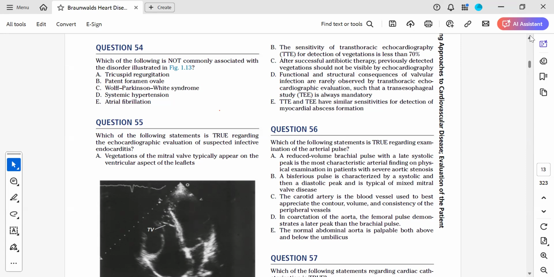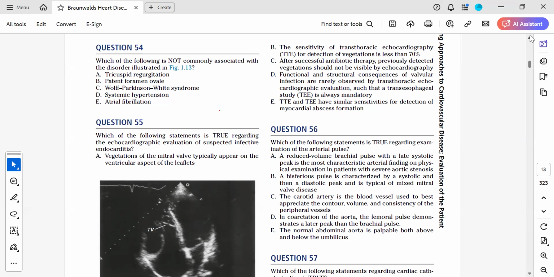But it is said that for patients that have a normal echocardiography, where there's no structural or flow abnormality, the valves appear normal and there's no regurgitation, doing a transesophageal doesn't add any sensitivity to it. So that makes it false.